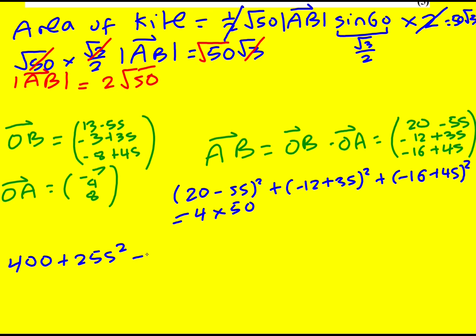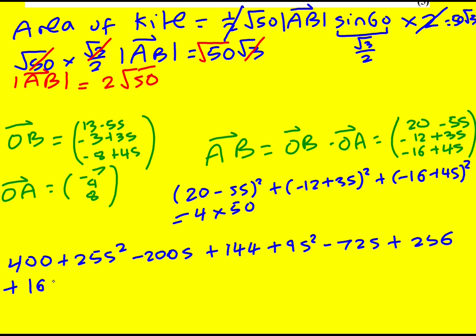I'm going to get minus 200s. Okay, that's the first bracket done. Second bracket, 16 times 16 is 256. Minus 60 minus 128s. And that is going to equal 200.